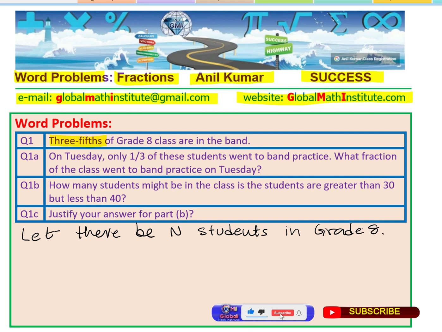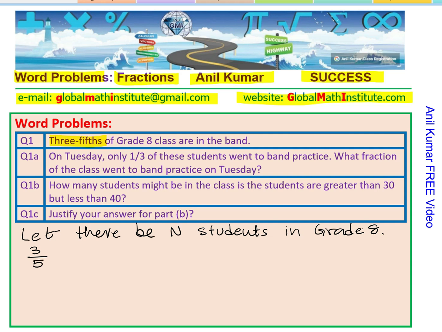Now it says 3/5 of grade 8 class are in the band. So 3/5 means 3 out of 5 of n. So you can write times n or simply n. So 3/5 of n, I am writing with this dot, which really means multiplication. 3/5 of grade 8 class, in which we have n students, are in the band.